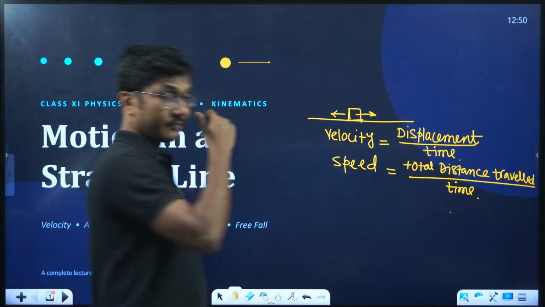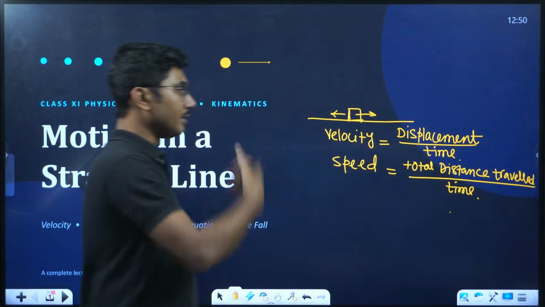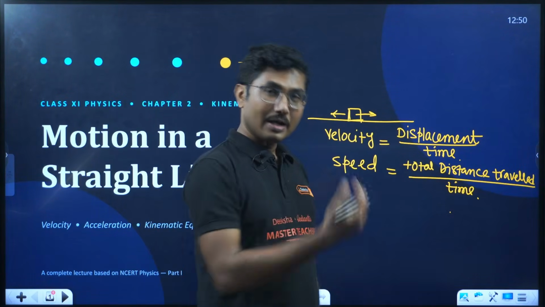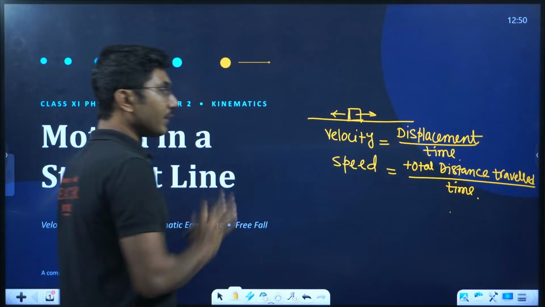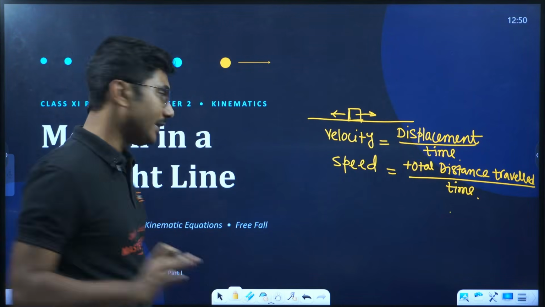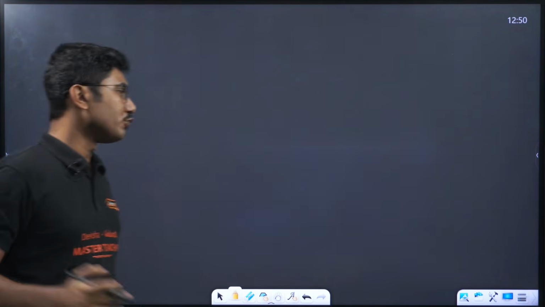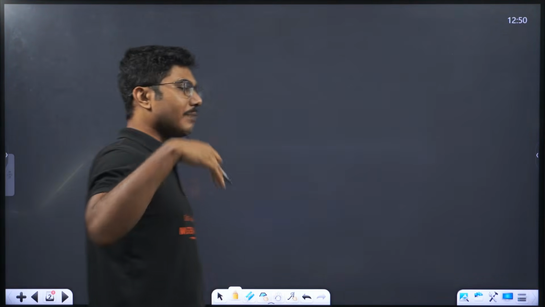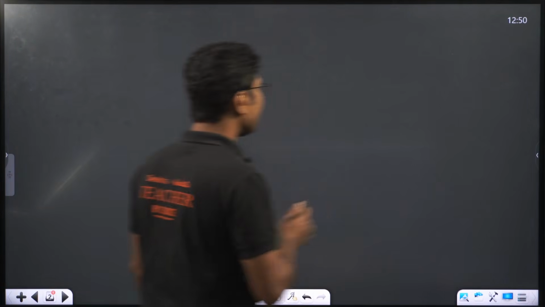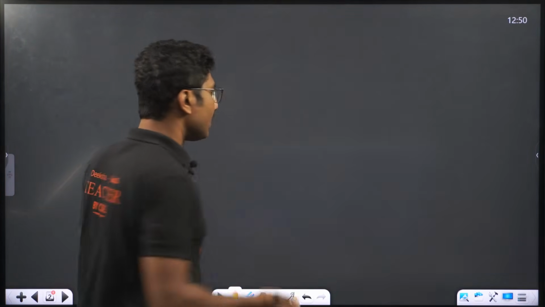And another few quantities we will discuss in due time, like acceleration, but displacement, total distance traveled, velocity and speed, let me clear that up for you. So I am explaining this using motion in 2D. It can be explained in motion in 1D also, but that can be slightly tricky, so I am just explaining it using motion in 2D initially.